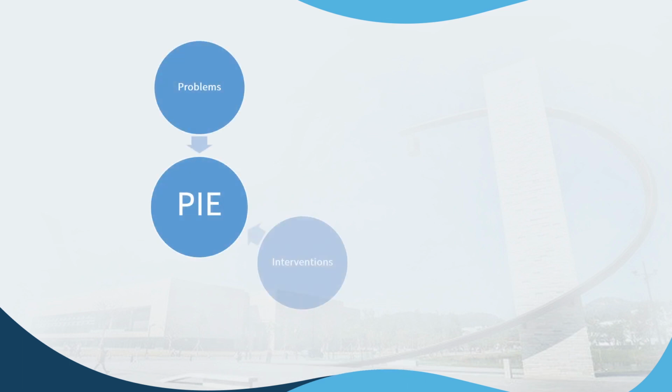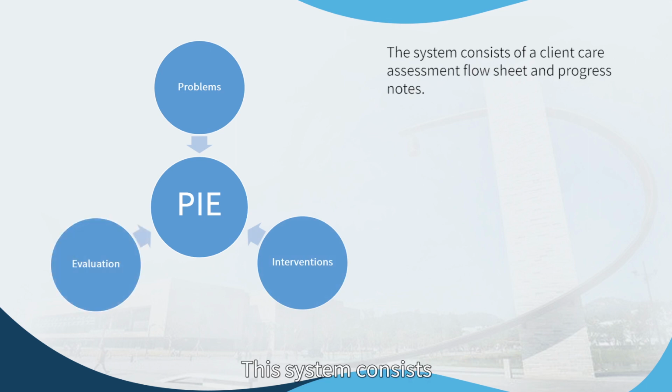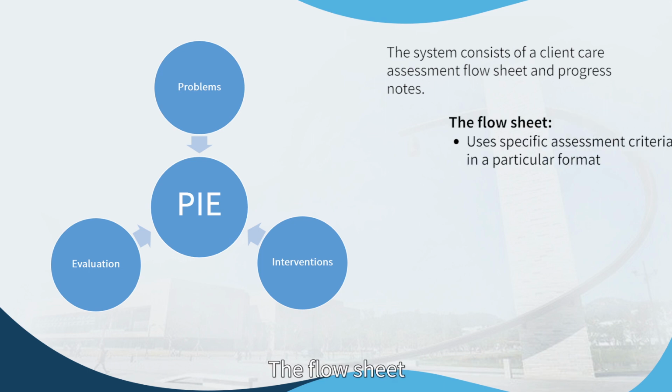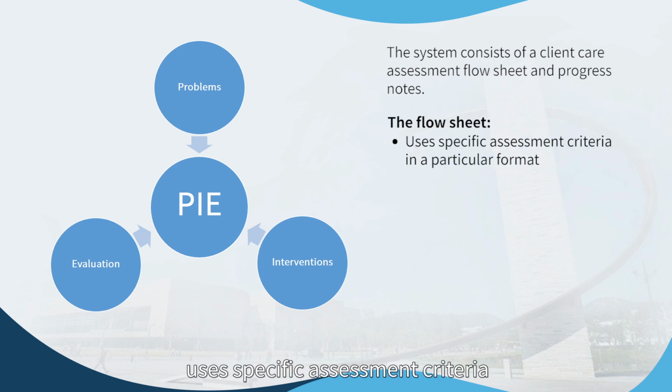Third, PIE record, that is problem, intervention, and evaluation record system. This system consists of a patient care assessment flow sheet and progress notes. The flow sheet uses specific assessment criteria in a particular format, such as human needs or functional health patterns.